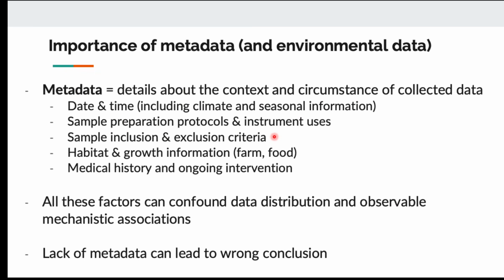But one thing that's very important that limited our understanding of phenotype in the past is that people might not pay too much attention to the metadata. For example, when you analyze omics data, sometimes we talk about what the sample size is and how many patients we have.